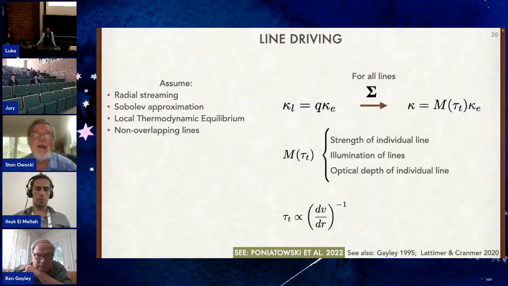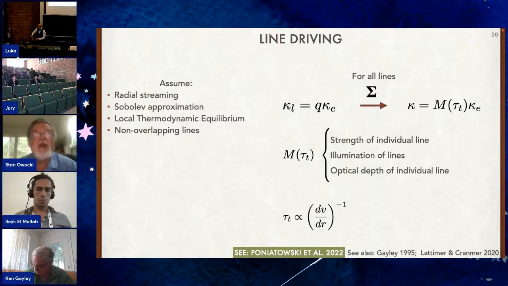So I think in order to assume that lines are not overlapping, they need to be apart from each other by, I think, 1 thermal width. I might be wrong about that, but that's how I remember it. Think about it from this point of view: how fast is the stellar wind compared to that thermal speed?